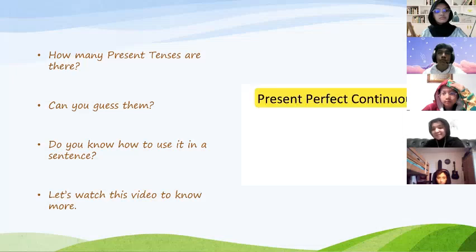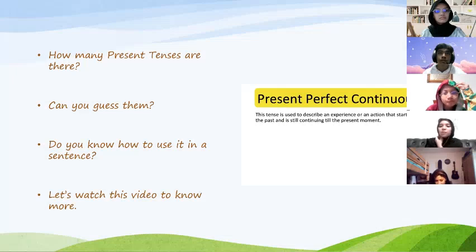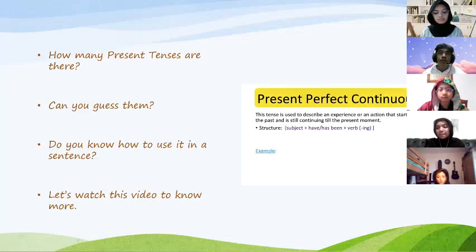Present perfect continuous. This tense is used to describe an experience or an action that started in the past and is still continuing till the present moment. The structure is subject plus have or has been plus a verb ending in ing. For example, I have been studying for 3 hours now.